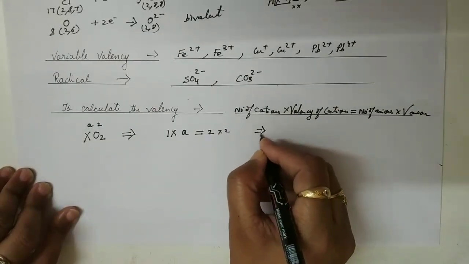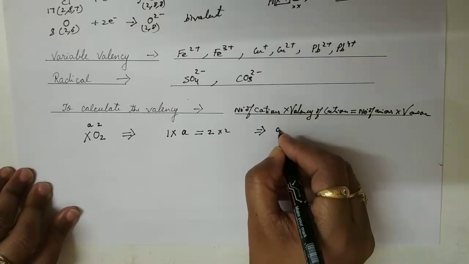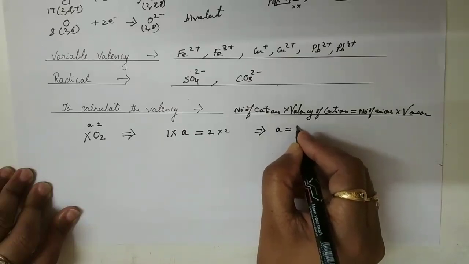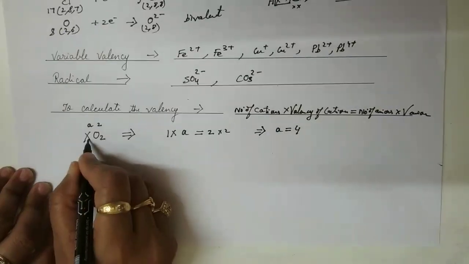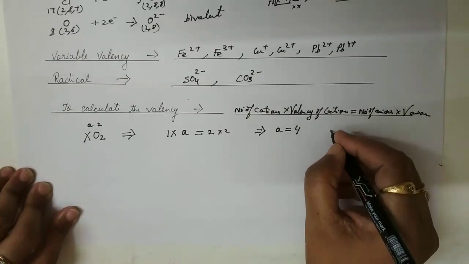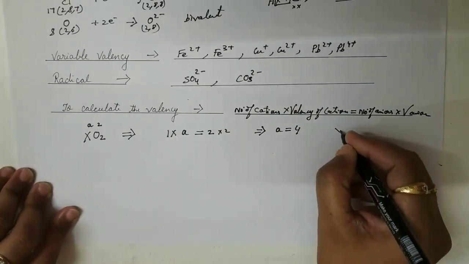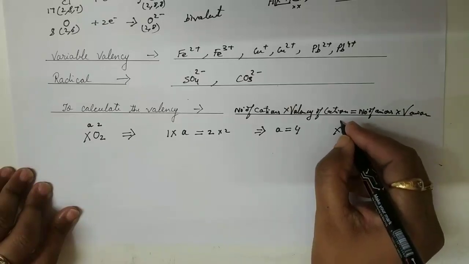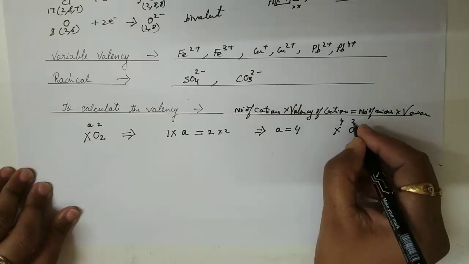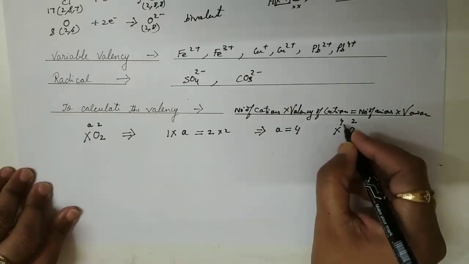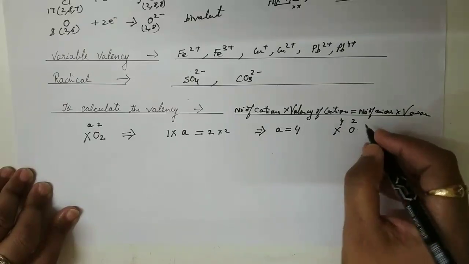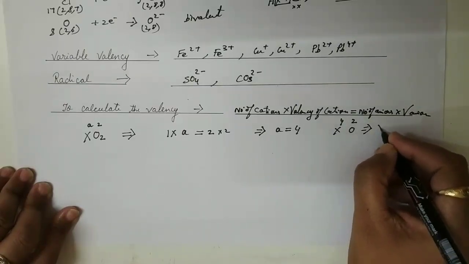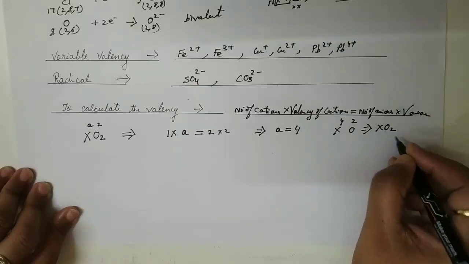So what does it imply? That the valency of A is 4. Thus you have X with valency 4, O with valency 2. Cancelling by HCF, your formula becomes XO2.